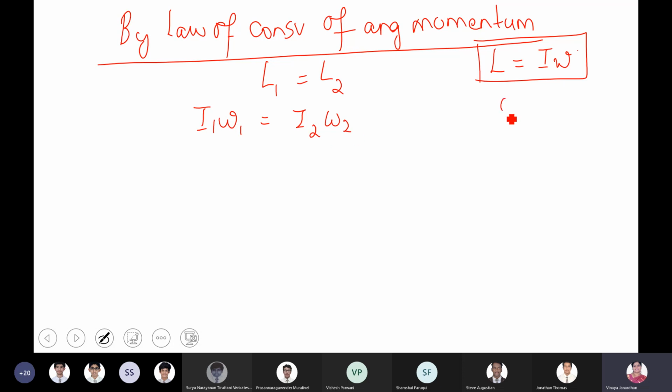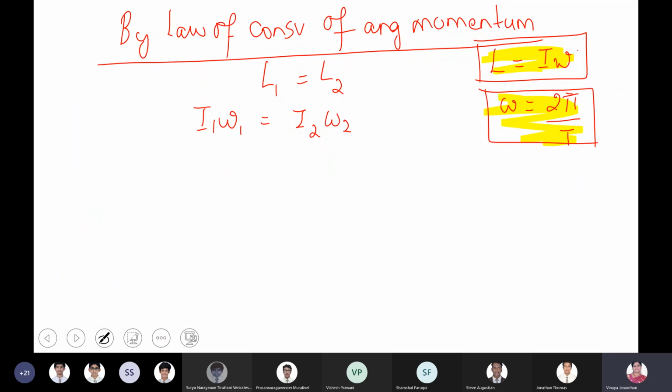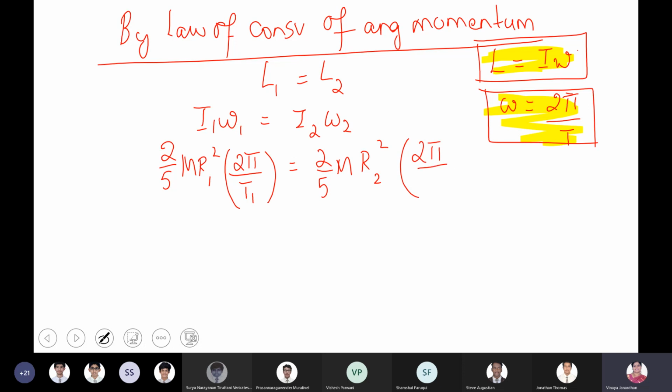Now it's time period, so I have to relate this to your time period, angular velocity. So in that case, I can write this as 2 by 5 m r1 squared omega 1, where omega 1 is 2 pi by t1, must be equal to 2 by 5 m r2 squared times 2 pi by t2.